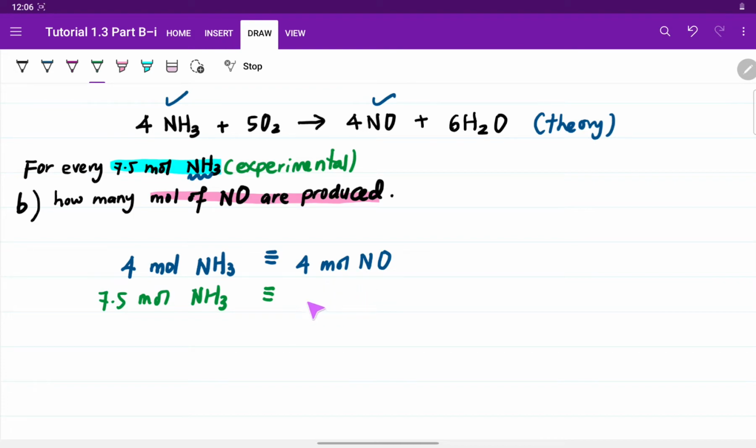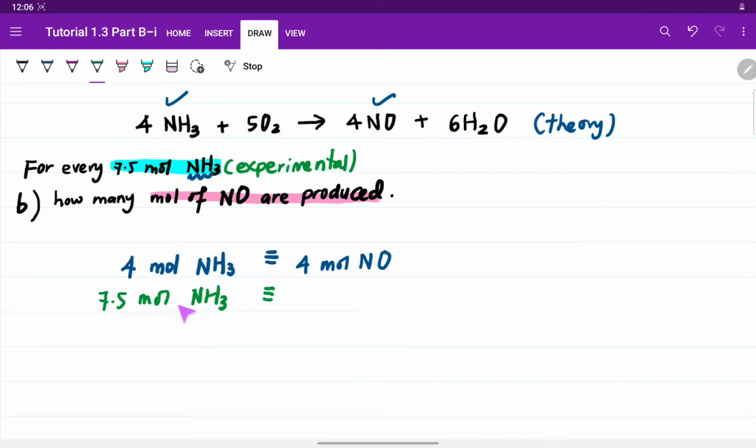Okay, so dekat sini awak ada pilihan. So dekat sini awak nampak 4. So by right, you can just write down as 7.5 mole of NO. Okay, secara logiknya dia mesti samalah nombor dekat sini. Sebab perkadaran dia, okay, comparison stoichiometry dia adalah sama. But if let's say you want to do the calculation, boleh, tak ada masalah.